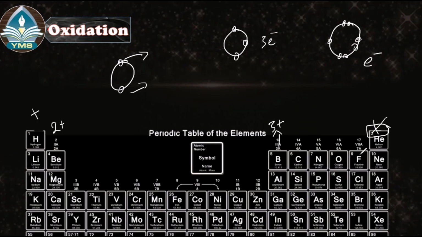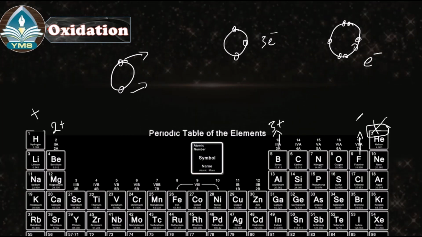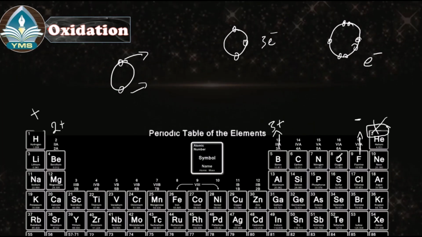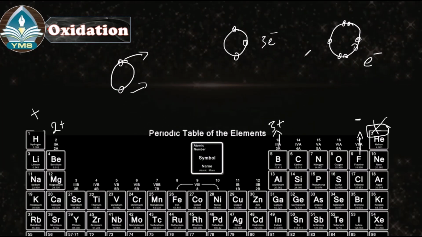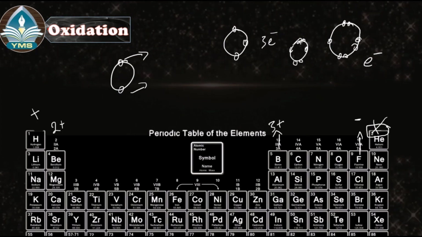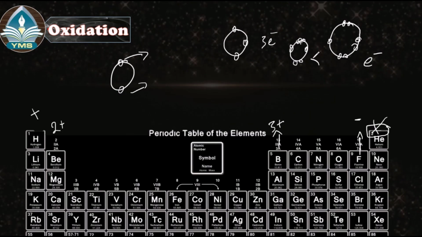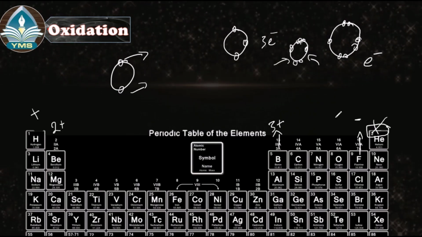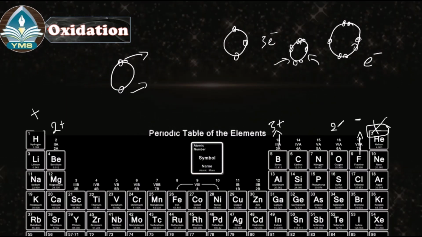So elements of group 7 will be 1 negative. And elements of group 6, they have 1, 2, 3, 4, 5, 6. So to be 8, they need to gain 2 electrons. If they gain 2 electrons, there will be 2 negative.